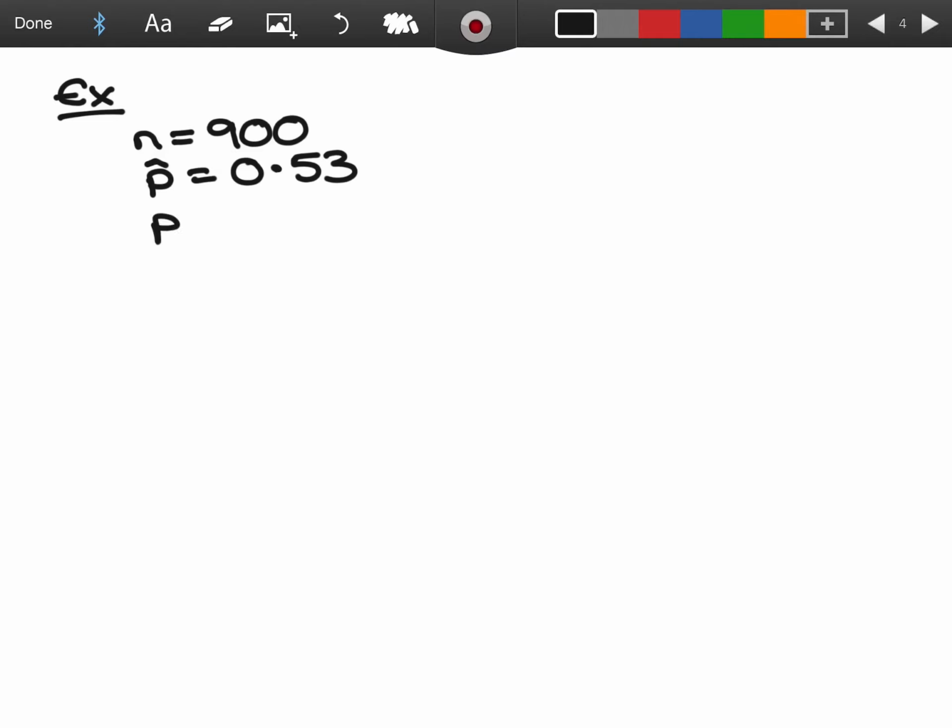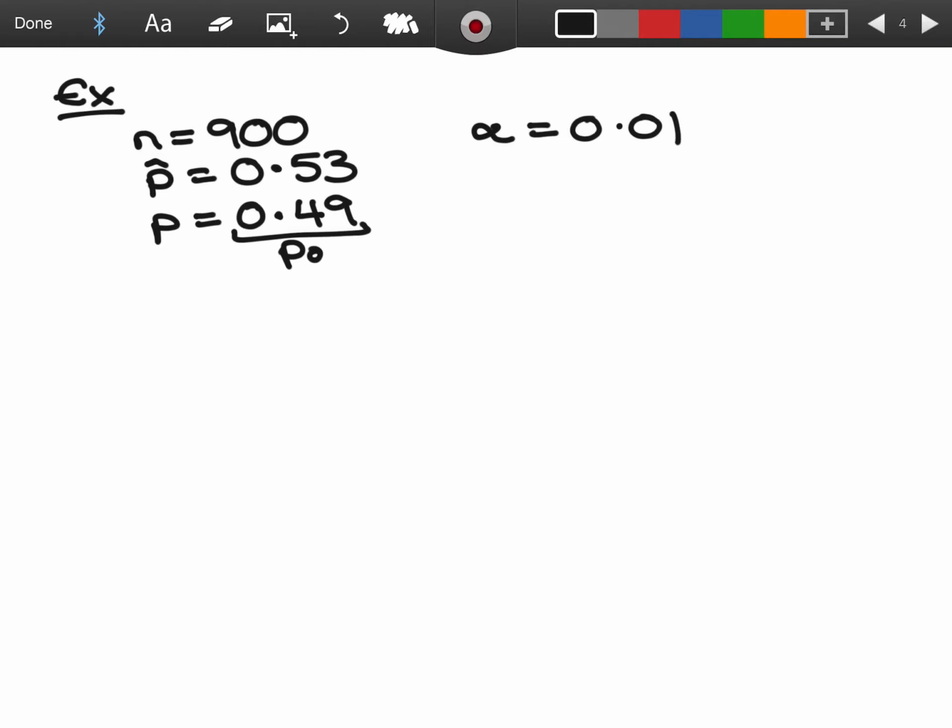So his population proportion of what he thought it should be was 0.49. Okay, so this 0.49, that's your P0 value. That's what he thought it would be. But now he wants to test the claim that it is in fact more than that. Testing at the 0.01 level, so alpha is 0.01, is there enough evidence to support the analyst's claim?